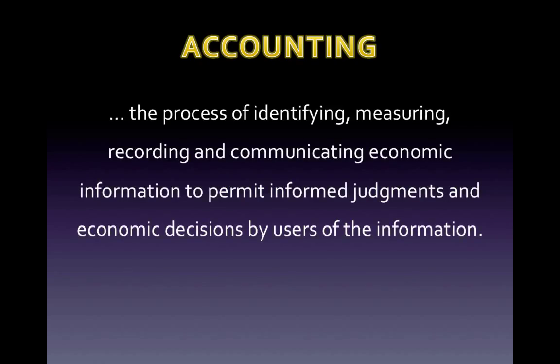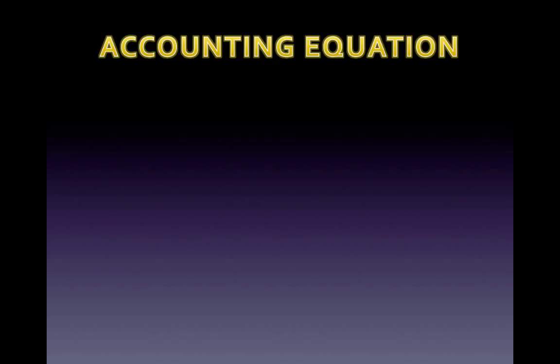If you recall, accounting is a process of identifying, measuring, recording, and communicating economic information to users so that they may make decisions based on informed judgments provided by this information. And how do we reflect and provide that information is through what we call the accounting equation.